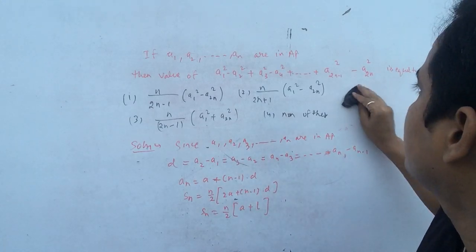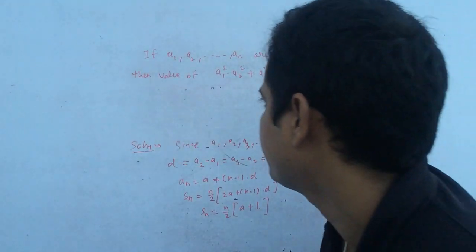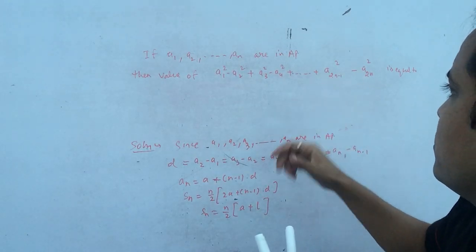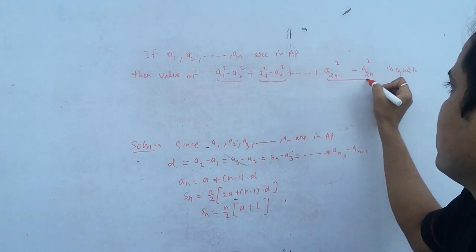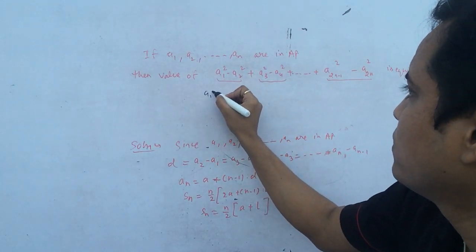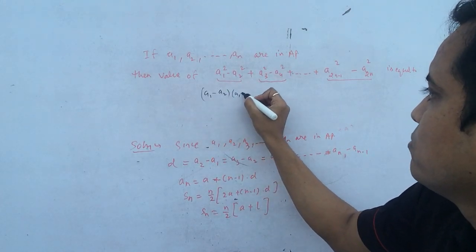Now we are focusing on this. So we have the options. Solve this. How do you do it? A1 square minus A2 square is A1 minus A2 into A1 plus A2.